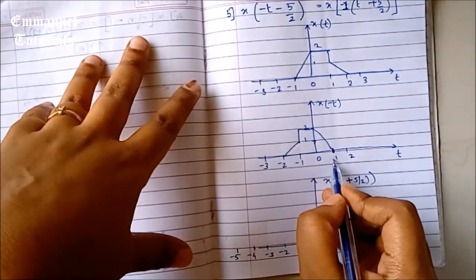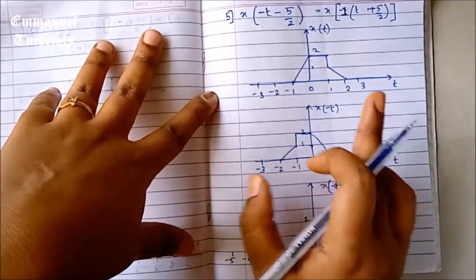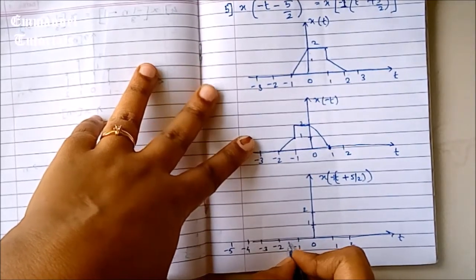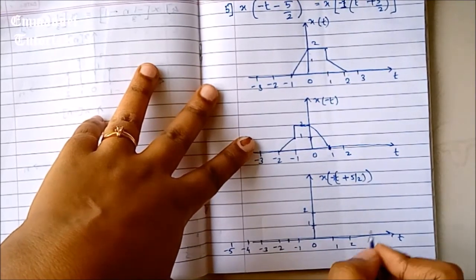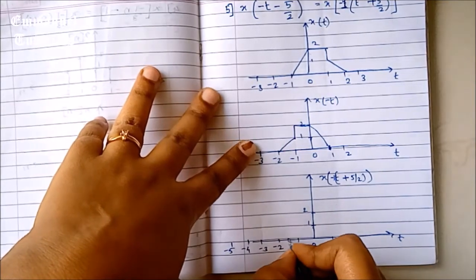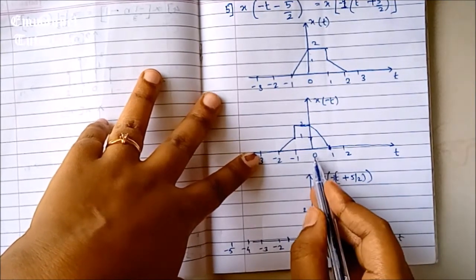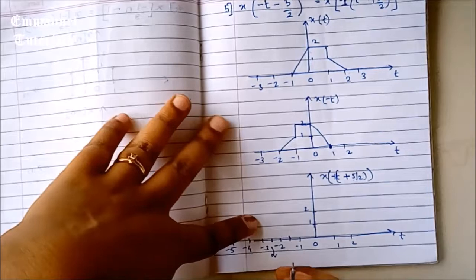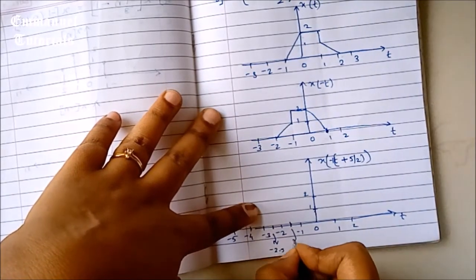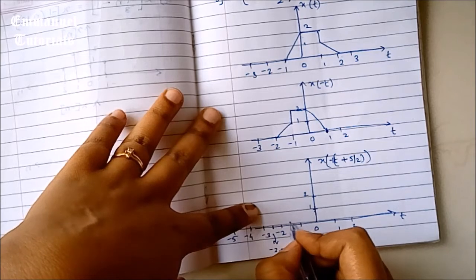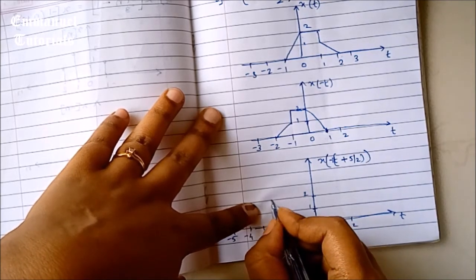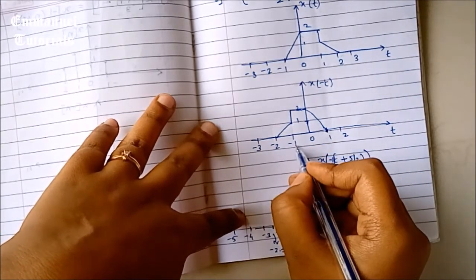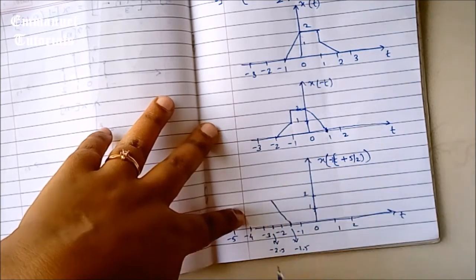So the signal at 1 will appear at 1 minus 2.5, which is minus 1.5. So it will be here. And the signal at 0 will be at 0 minus 2.5, that is minus 2.5, which will be here. So it will be like this. And the signal at minus 1 will appear at minus 1 minus 2.5, which is minus 3.5.